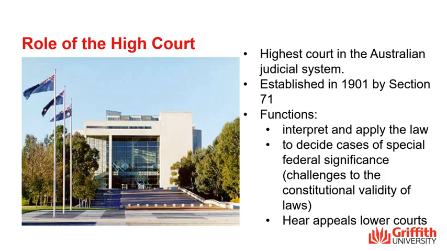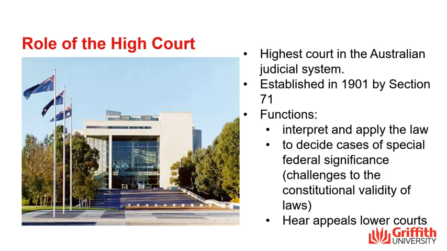If we look at the Judicature, the first thing we need to look at is the role of the High Court. The High Court is the highest court in Australia. It was established in 1901 pursuant to Section 71 of the Constitution.